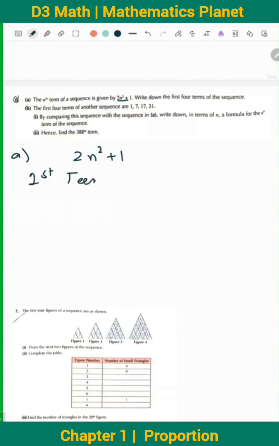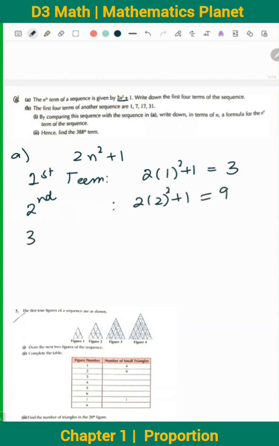First term of the sequence would be 2 times 1 square plus 1, which is equal to 2 plus 1 is 3. Then second term of the sequence would be 2 times 2 square plus 1. 2 squared is 4, 4 times 2 is 8, plus 1, 9. Third term is 2 times 3 square plus 1, 3 times 3 is 9, times 2 is 18, plus 1, 19.